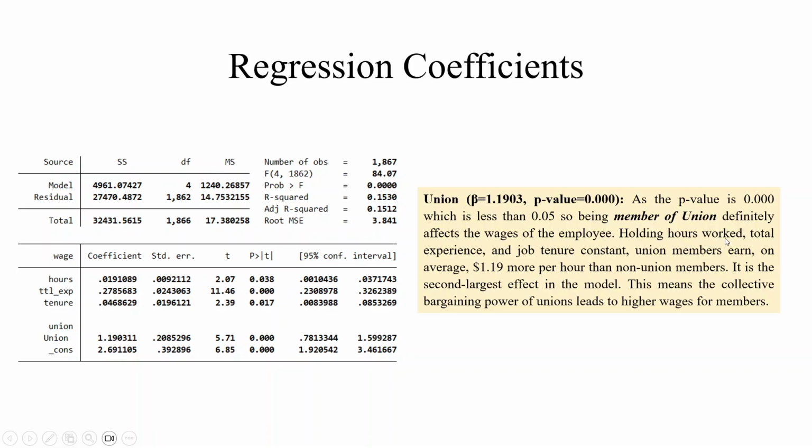Holding hours worked, total experience, and job tenure constant, union members earn on average, so if the employee is a member of the union, on average they earn $1.19 more per hour than non-union members. It is the second largest effect in the model. This means that the collective bargaining power of the union leads to higher wages for members.